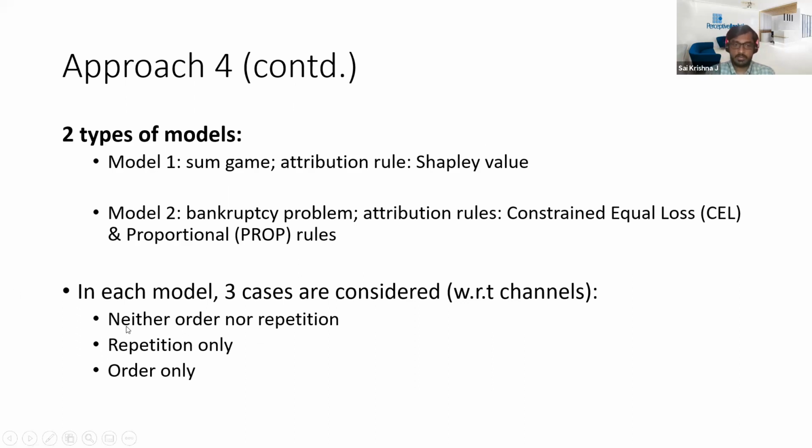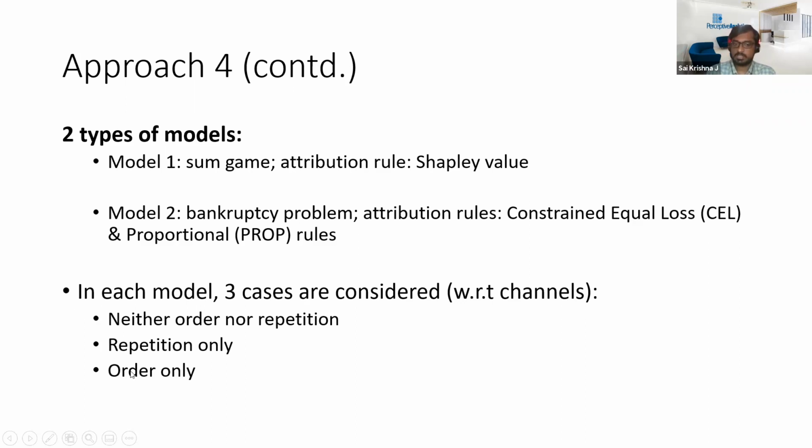So when we say neither order nor repetition, we make an assumption that the sequence in which the customer visits the multiple websites does not have an impact on the conversion. No repetition means whether the customer visits the same website multiple times does not have an impact on the conversion. So that is the first case.